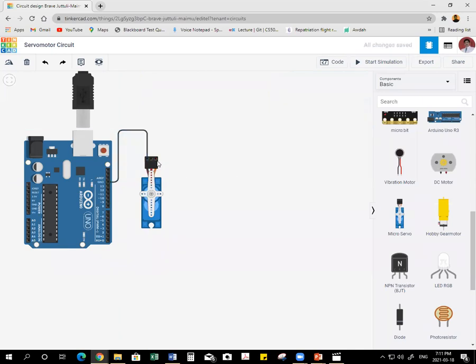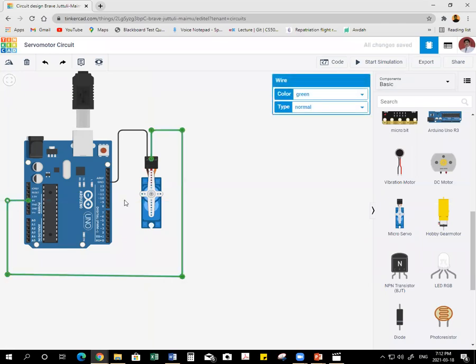Now 5 volts. I will go from here to 5 volts. Here there is a 5 volts supply. You can directly get it as an output. That Arduino has so many features. This is one of the features. We can have a 5 volts supply source. So this is red. And we have 3 grounds.